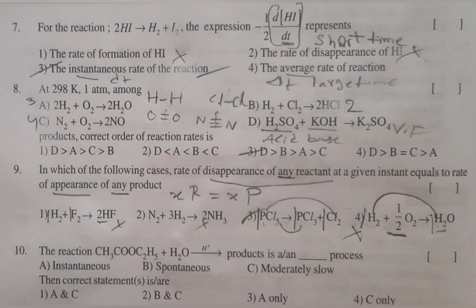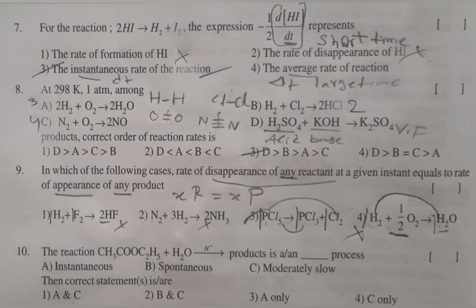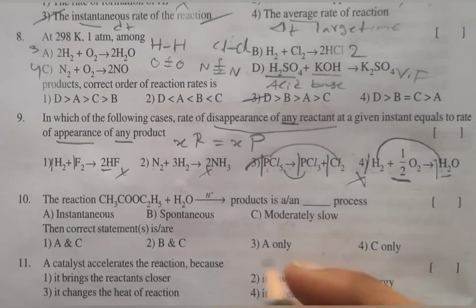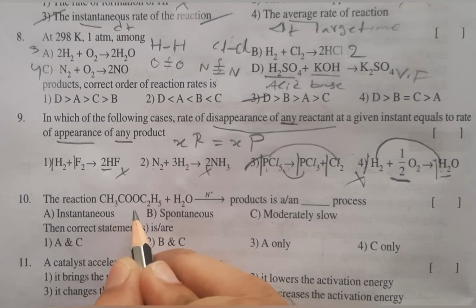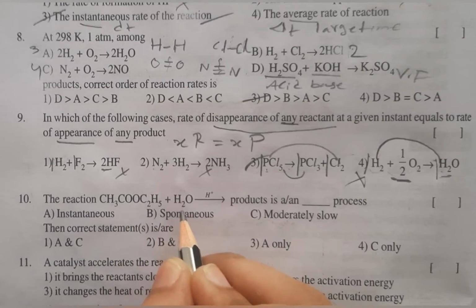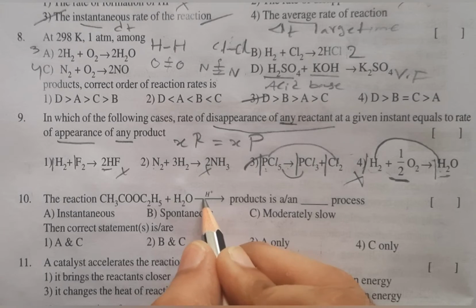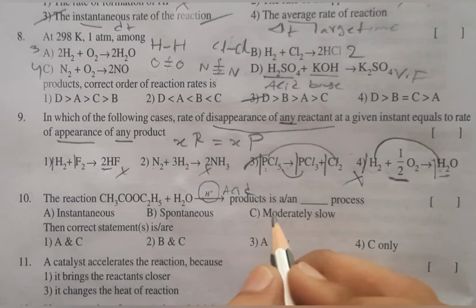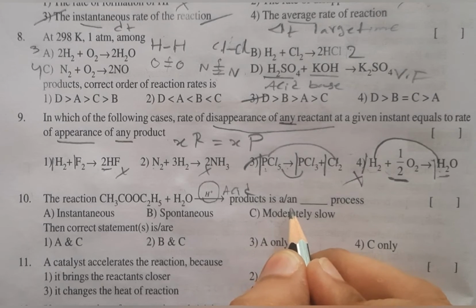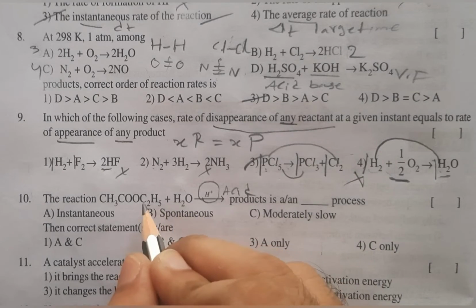So the next question is the reaction CH3COOC2H5 plus H2O in the presence of acid. The H plus is nothing but acid. In the presence of acid, this is the hydrolysis of ester.